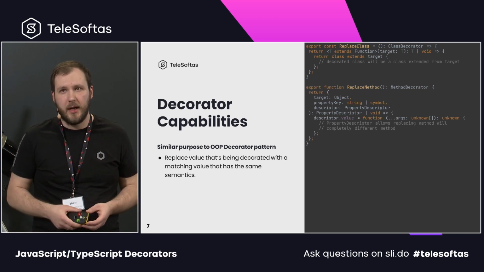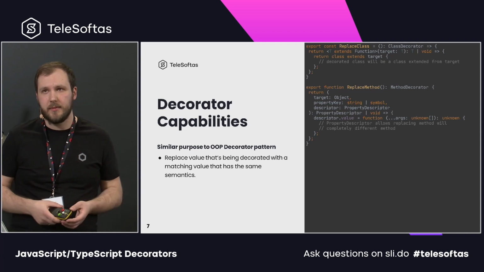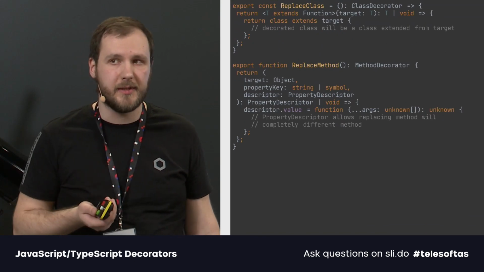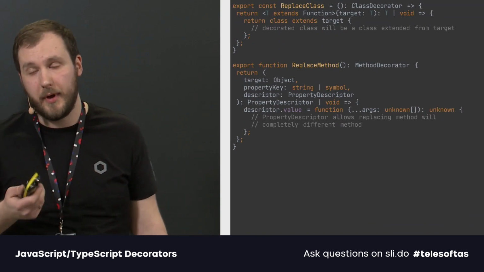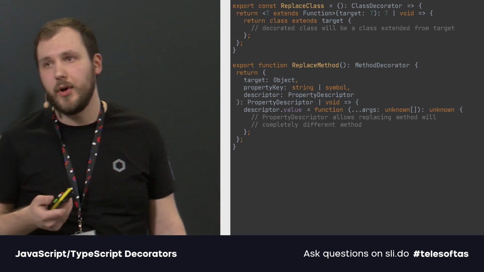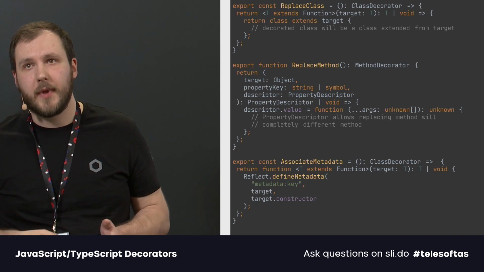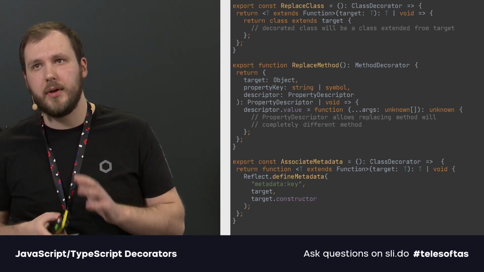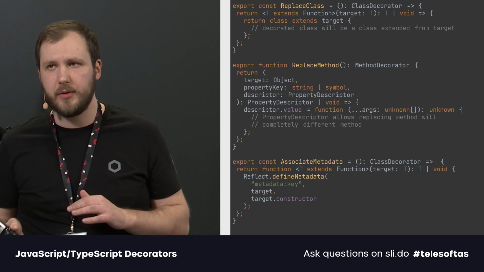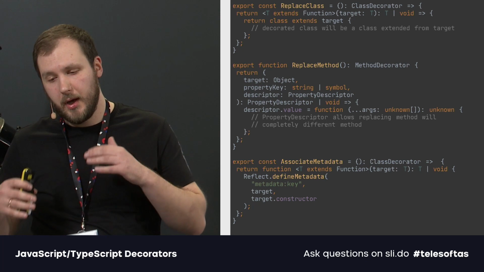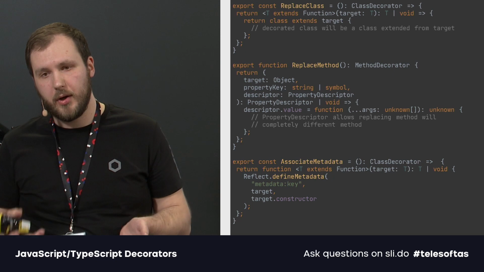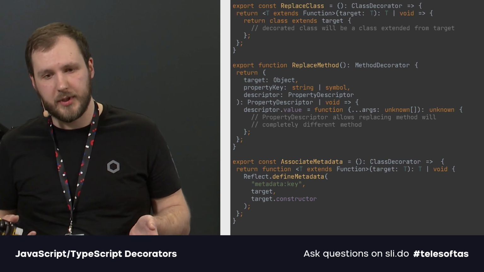In JavaScript and TypeScript, decorators allow adding additional information about the code, and in some cases adding, modifying, or replacing the behavior of the code. I could also compare decorators to the object-oriented decorator pattern, but the difference between the object-oriented decorator pattern and the decorator as a language feature is that in the object-oriented pattern, you decorate object instances.